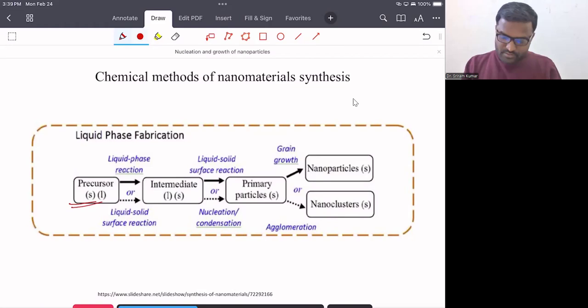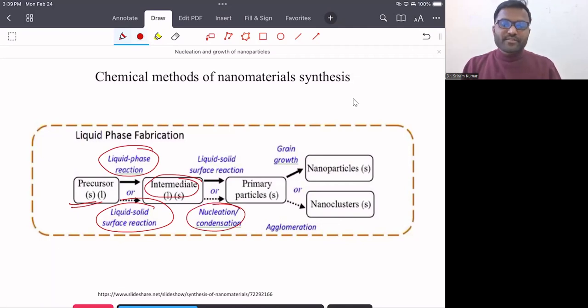We have either the liquid phase or maybe a solid-liquid interface. Some intermediate processes happen, and that leads to nucleation for nanomaterial growth. Once the nucleation process happens, we get the primary particle, which we can say is the nucleus or nuclei.